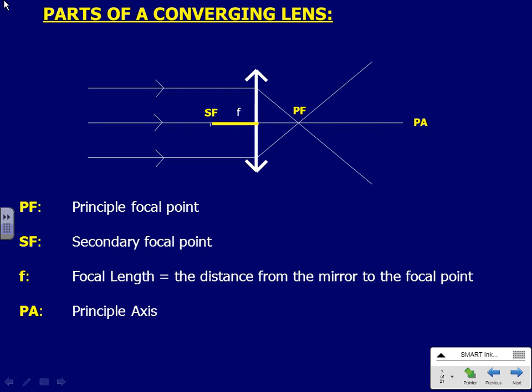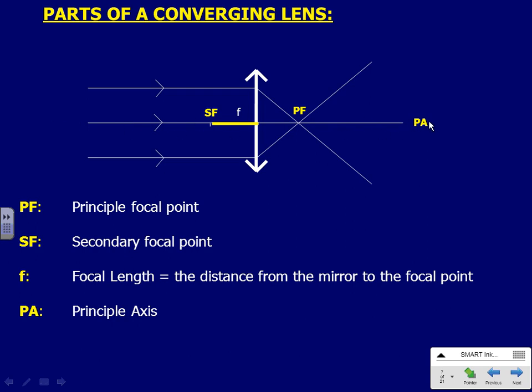We want to talk about parts of the converging lens. I've done this before with you on the board, but I am going to just have you draw this. I'll describe what everything is, and I'll use the cursor to point to everything. The first thing you want to draw is the line going right down the middle.